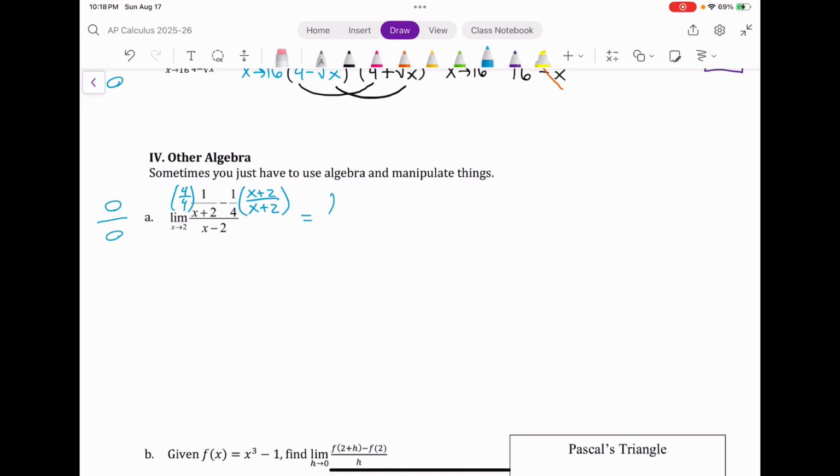Okay, so this is going to equal the limit as x approaches 2 for 4 minus x plus 2 over 4 times x plus 2. So those two smaller fractions have combined now to 1, all over x minus 2, but we can make it be times 1 over x minus 2. Okay, let's see what cleans up here.